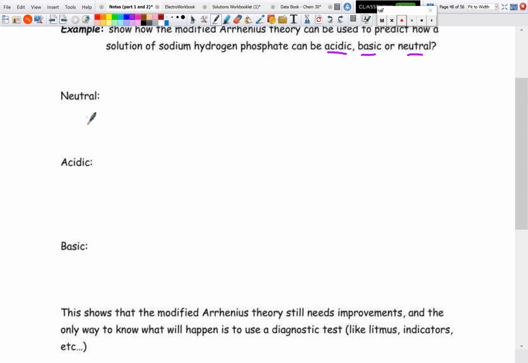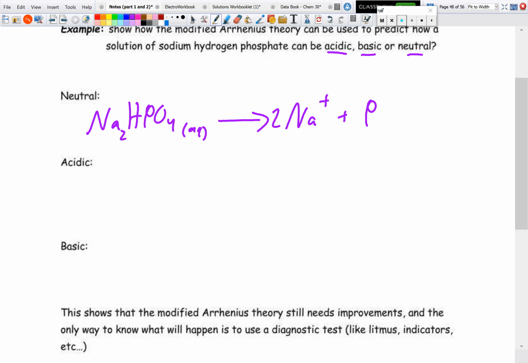For example, if it's neutral, hydrogen phosphate is HPO4 2 minus, so it's Na2HPO4. If it's neutral, for this sample, it's just going to dissociate. So you'll notice in this example right here, there's no hydronium or no hydroxide.